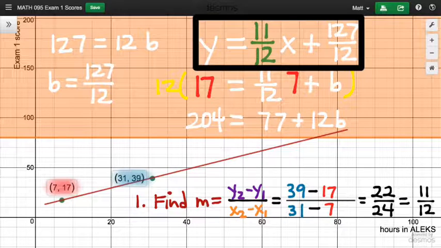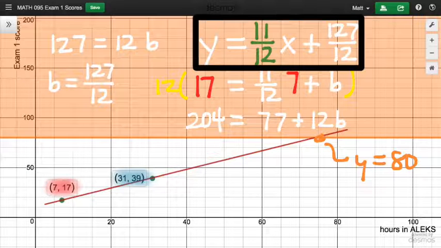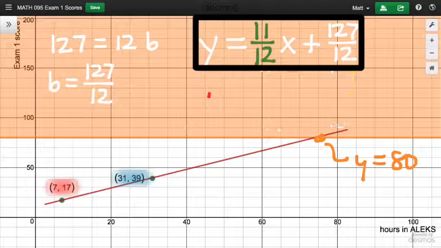How many hours should we spend in order to correlate with that score of 80 on the exam that we wanted? So to do that, we just substituted the value of 80 in for y, and then attempted to solve this equation for x. Let me clear out some space, and we'll do that calculation, and that's where we'll stop today.